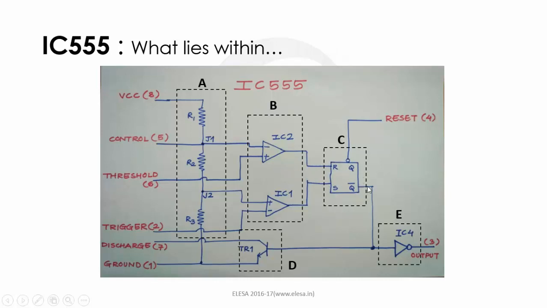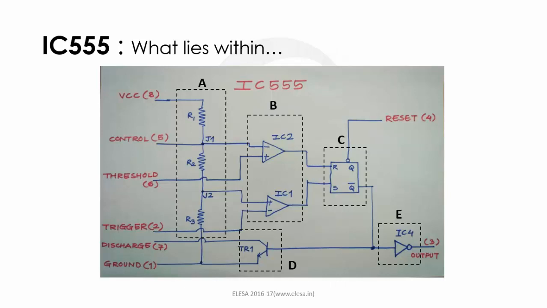When it resets, Q bar becomes high, and that turns on the transistor. Since the external capacitor is also connected to the discharge pin 7, that shorts the capacitor to the ground, since the emitter of the transistor is connected to the ground. When the capacitor voltage increases above 2/3 VCC, it starts discharging through this transistor. So that's all about the internal structure.